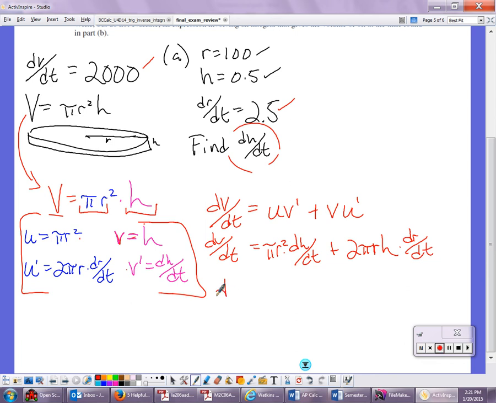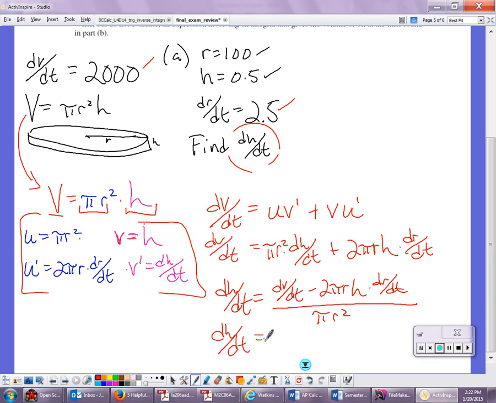And when you do that, you get dh/dt equals dV/dt minus 2 pi r h times dr/dt, all over pi r squared. When you plug in all the numbers, I'm not going to write it all out because I'm kind of lazy that way, you should end up with 0.0387. And that's going to be right in centimeters per minute. And that's your answer.